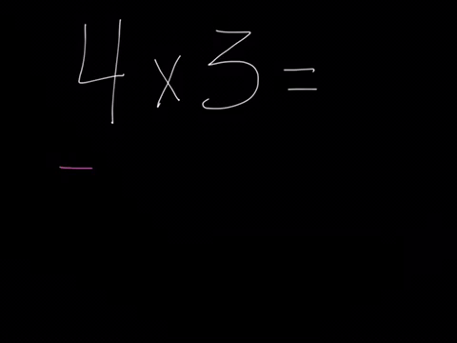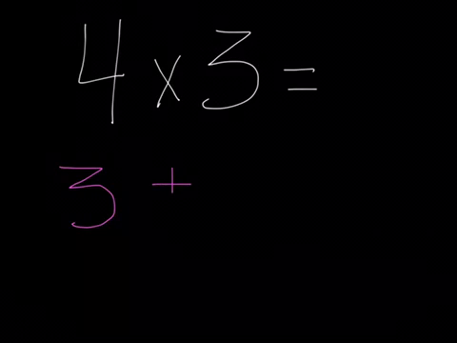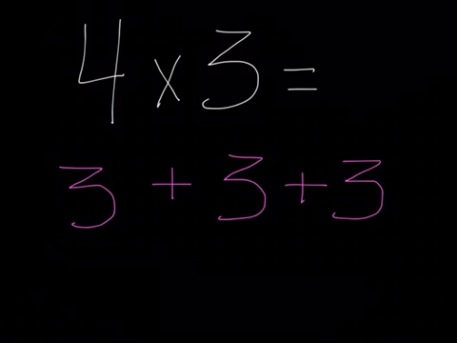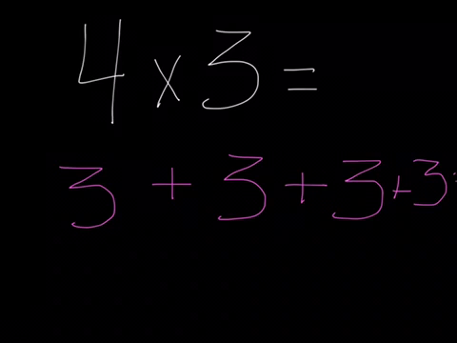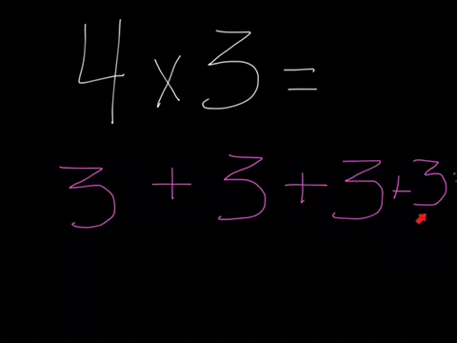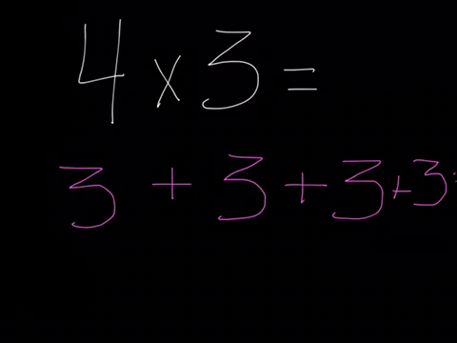What that equation would look like is 3 plus 3 plus 3 plus 3. The reason we have 4 3s is because our equation said 4 groups of 3. We can use repeated addition to solve this problem. Pause the video and add up 3 plus 3 plus 3 plus 3. Push play when you're ready.